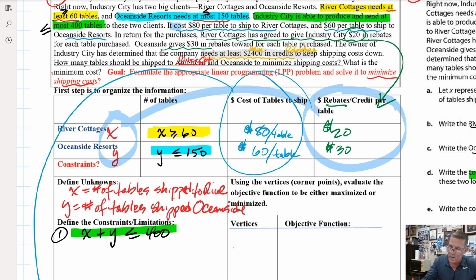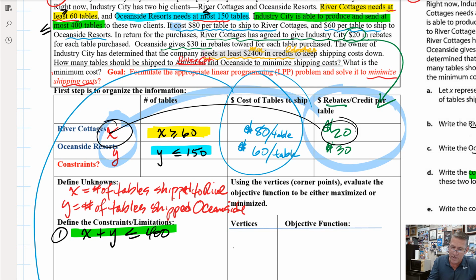Okay. Now for every table shipped to River Cottages, they're going to send back a credit of $20 to the company, and for every table shipped to Oceanside, they're going to rebate $30. So what we need to do is take our number of tables shipped, which is X for River, and multiply it by the rebate.